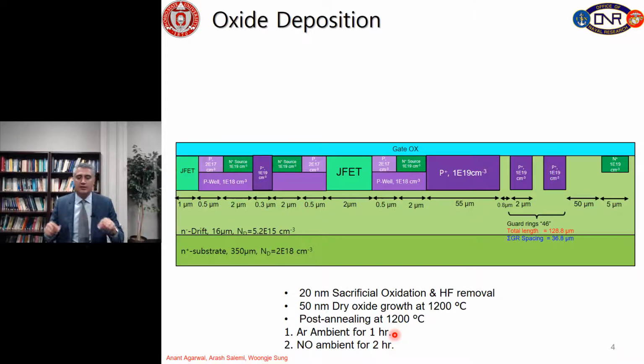Otherwise, we will have a lot of scattering at the surface, and the channel mobility will decrease. NO is used in order to passivate the dangling bonds at the surface. Other gases such as N2O can be used as well, but NO annealing has better results for silicon carbide devices.